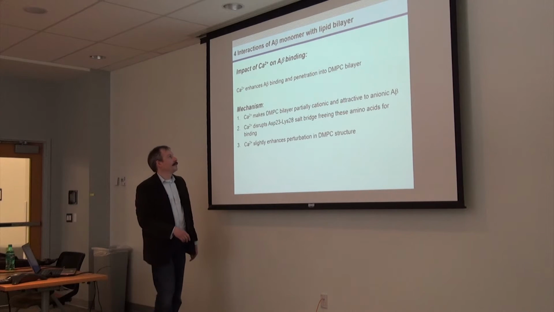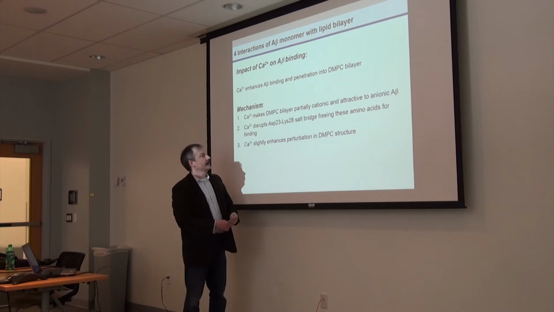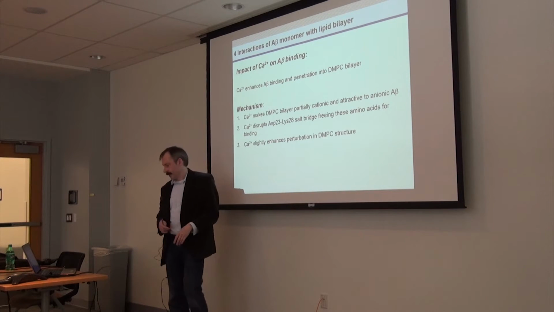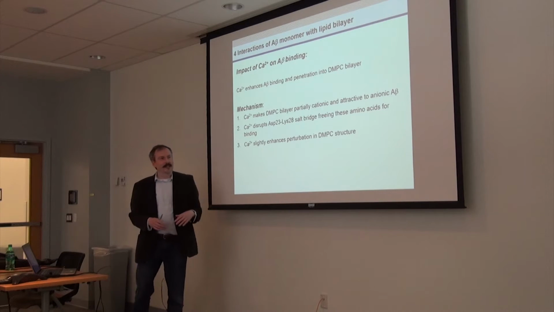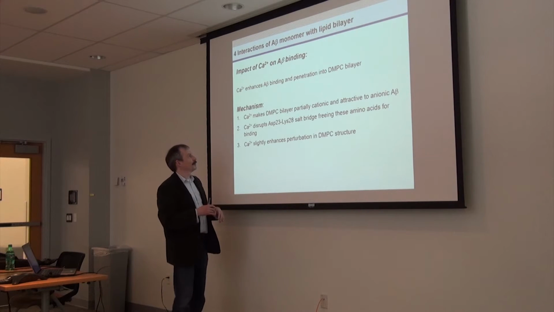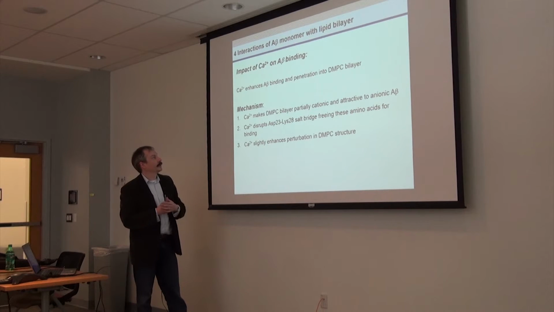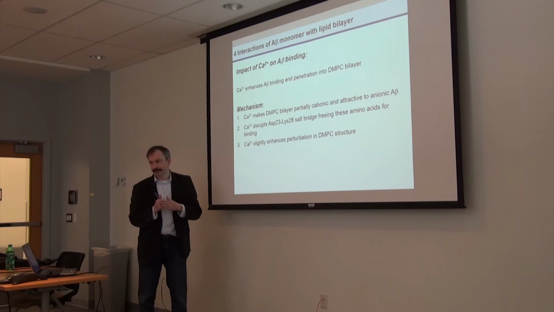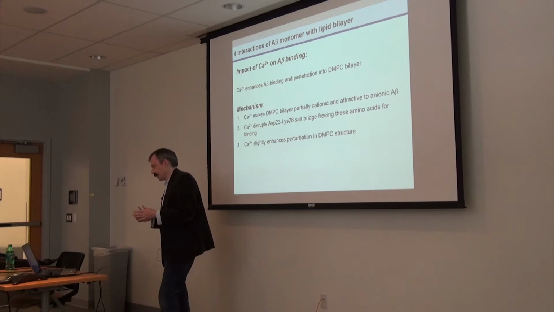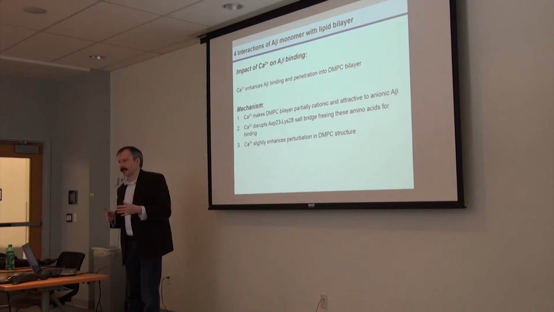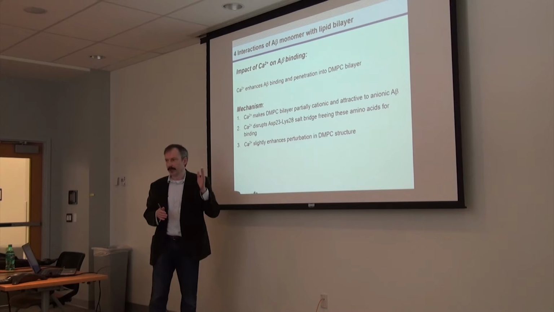Okay, very quick, just one slide, and this is the promised decrease of the reductionism. The inclusion of calcium ions. Simulations studying just calcium ions interacting with the bilayer are well known.